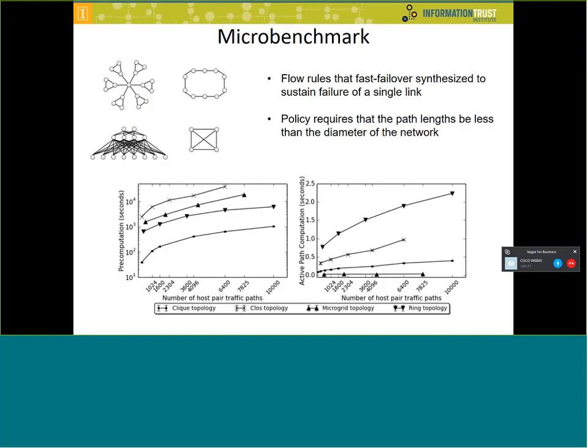Now, the pre-computation time, which is the time it takes to construct the initial port graph, goes up really fast. In some cases it took us 10,000 seconds, which is a couple of hours, for a topology which had 6,400 host pairs. But what we were really trying to see was how long it takes to find my currently active path after a single link failure.